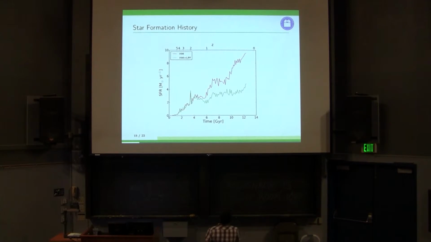So this is the star formation history. You can see that they are quite different after about redshift 1.5 or so. In the run with only the UV background, the star formation rate keeps increasing. With local radiation, the star formation rate is quite constant, and it seems to regulate the star formation rate at a certain level, and this is quite consistent with analytical models that Sebastiano did in his paper.